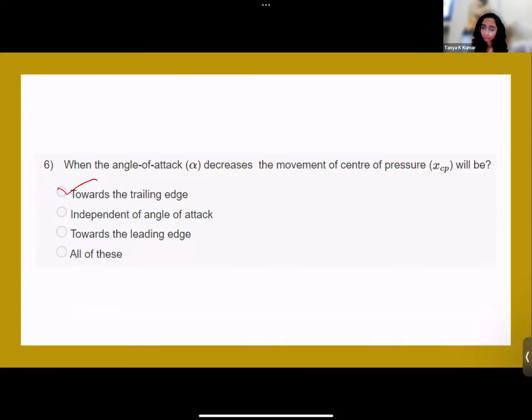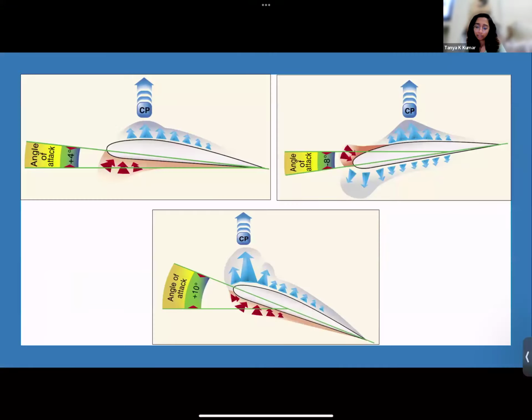So the pressure over the airfoil surface changes. Let's just go to the figure that we had seen in the last session. The pressure distribution over an airfoil is given in this figure, with change in angle of attack. Initially, at 4 degrees or some angle of attack, you can see the pressure profile. Above the surface it is negative, below the surface it is positive. Okay.